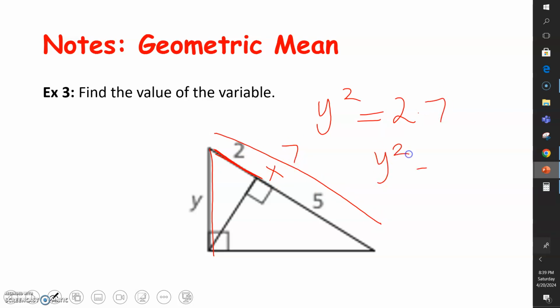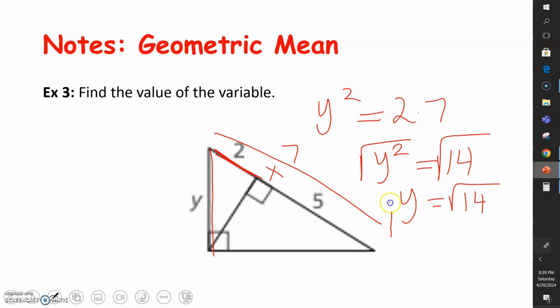So y squared is equal to 14. Square rooting both sides, y is equal to the square root of 14. There are no perfect square factors in 14 since its only factors are 1, 2, and 7, and none of those are perfect squares, so this is our simplified answer.